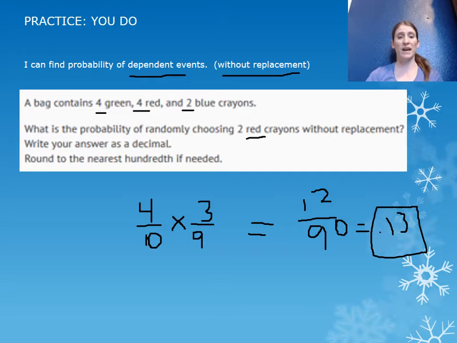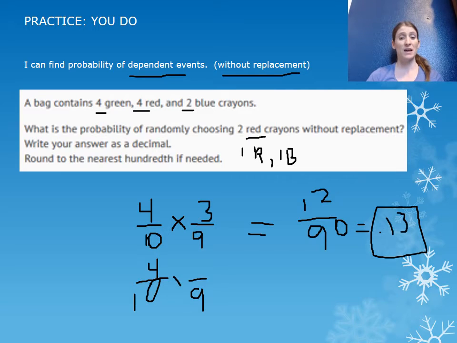Now, what would happen if this said, instead of 2 red crayons, it said 1 red and 1 blue? Okay, so let me show you what that would look like real quick. So we're still doing 10 out of 10, okay? And we're still doing out of 9 because we're going to leave that crayon out, okay? This is still 4 because we're talking about the reds.